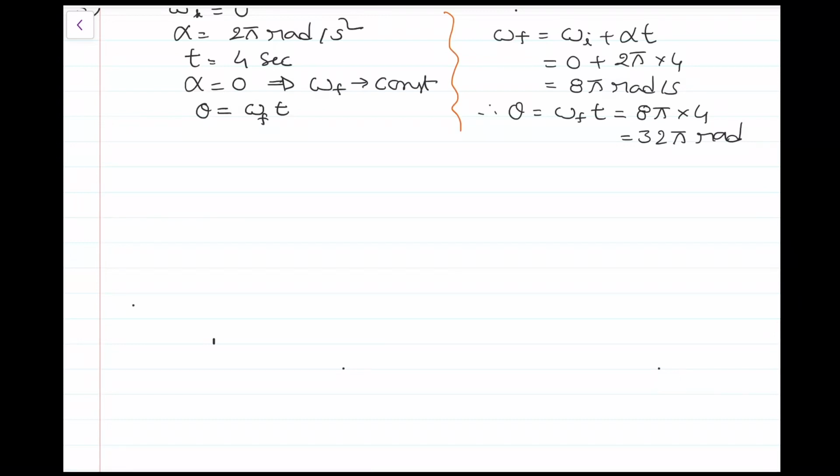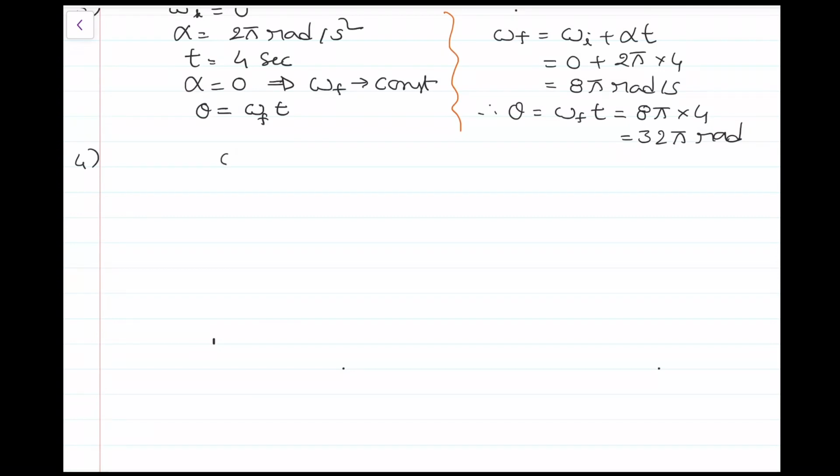Now, problem number 4. When a ceiling fan is switched off, its angular velocity reduces to 50% while it makes 36 rotations. How many more rotations will it make before coming to rest, assuming uniform retardation? So, this problem relates initial angular velocity, final angular velocity and angular displacement.